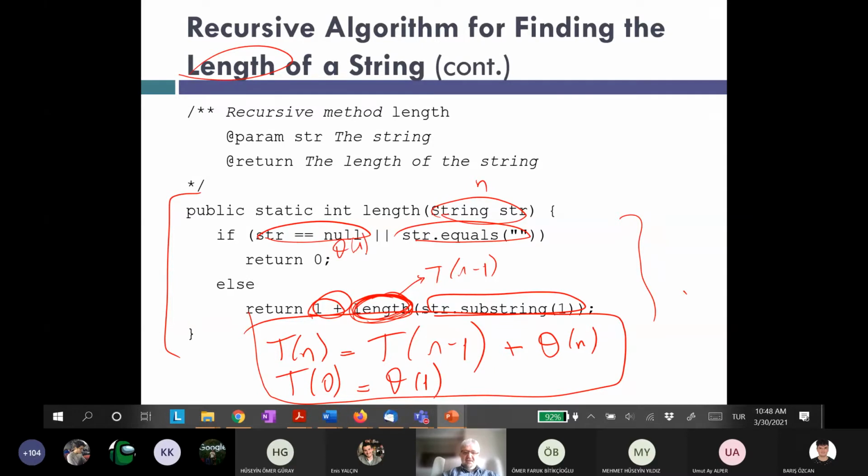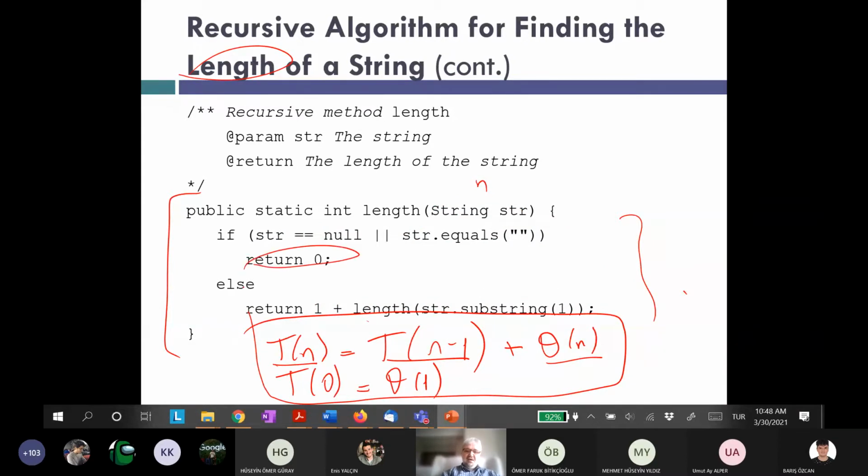This is constant time. This is constant time. This is constant time. But this is linear time. So the addition of all makes T(n), right? T(n) is T(n minus 1) plus linear time, constant time, constant time, constant time. So all of them make linear time, right? We didn't consider this return, right? Why? Because it is the base case.